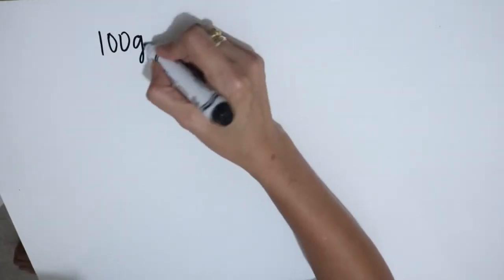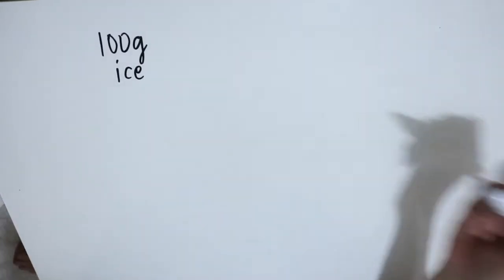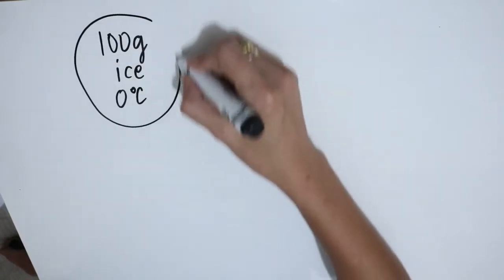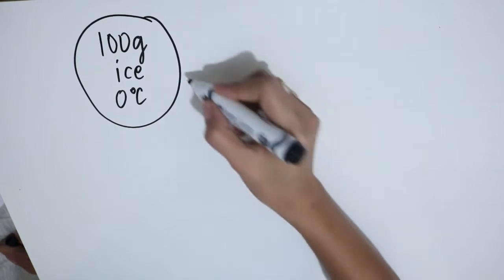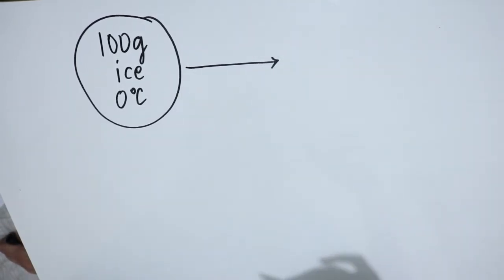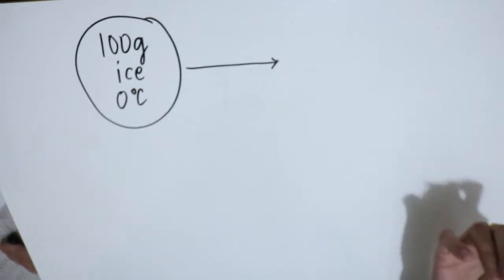So say for example, we have 100 grams of ice at 0 degrees Celsius. Let's encircle that one. It will change phase.